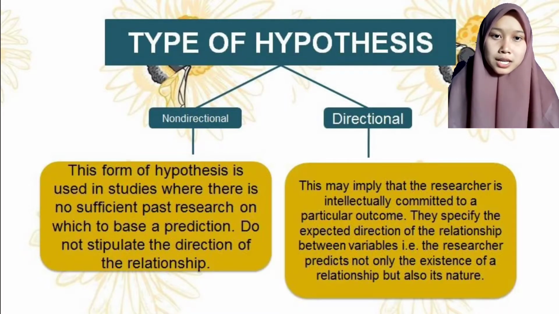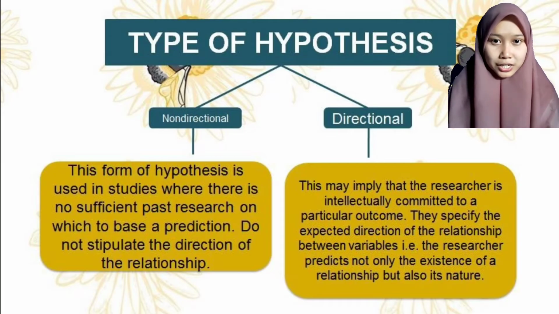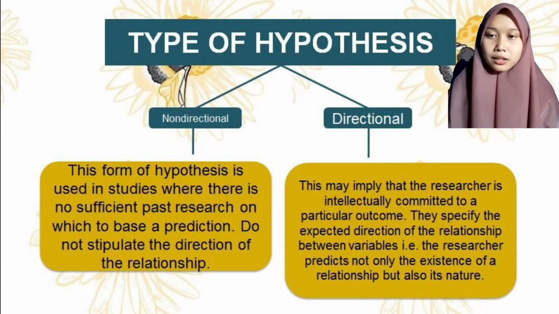Considering an example, a researcher may state the hypothesis as: high school students who participate in extracurricular activities have a lower GPA than those who do not participate in such activities. Such hypotheses provide a definite direction to the prediction. And the second one is non-directional.